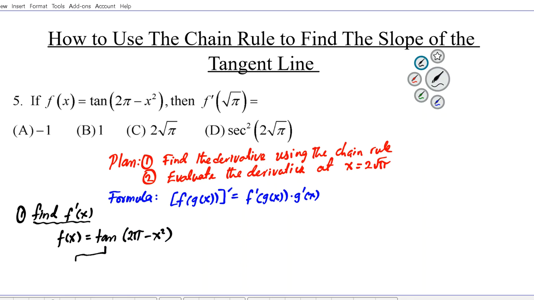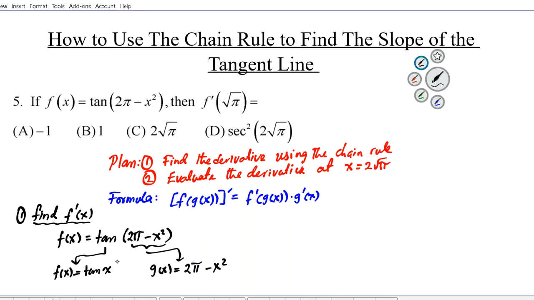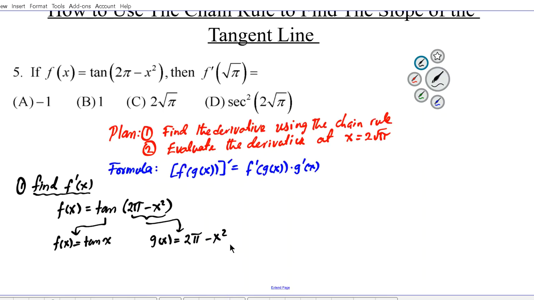Let's call the outer function f. The outer function is tan x. And then the inner function is g of x, and it's 2 pi minus x squared. Alrighty, so we're going to go ahead and differentiate both of them so we can apply the chain rule.